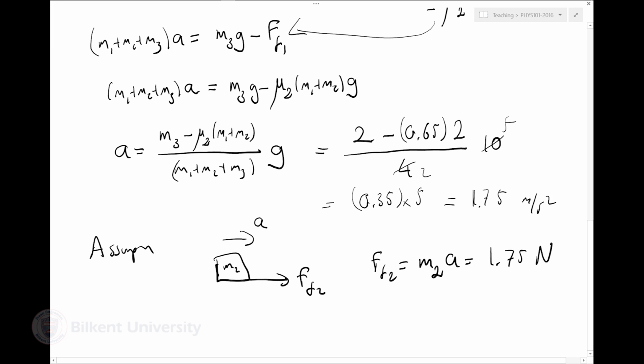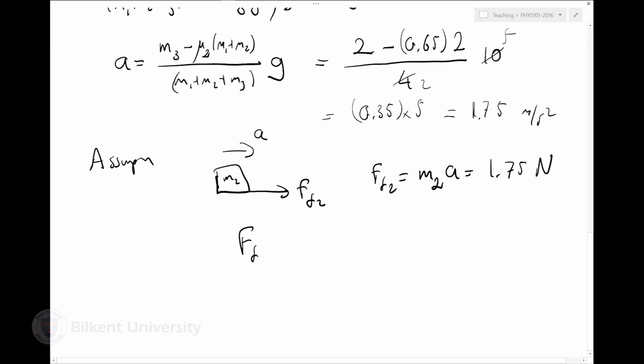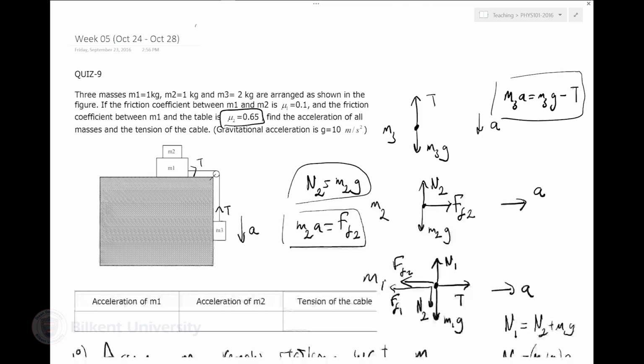But here is the thing. This static friction force has an upper limit, right? I know that F friction 2 must be less or equal to mu1 times which reaction force, N2 or N1? N2, the reaction force between M1 and M2.